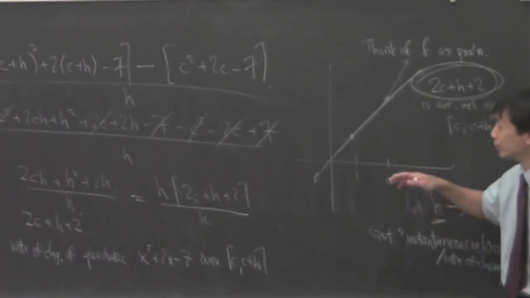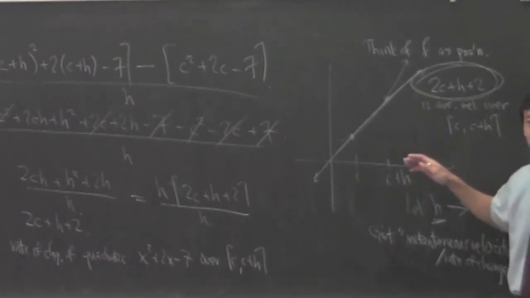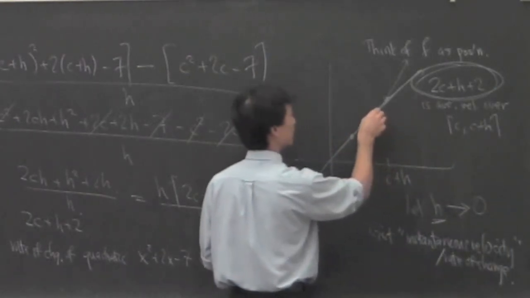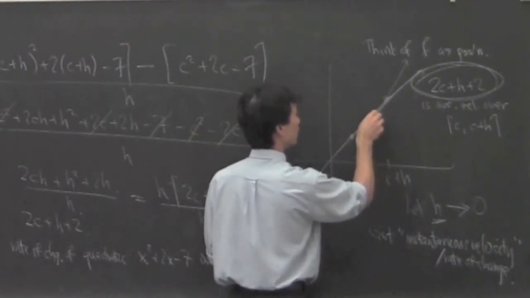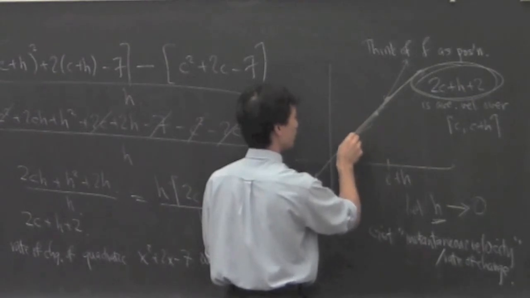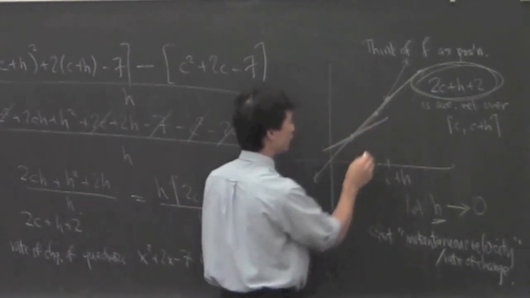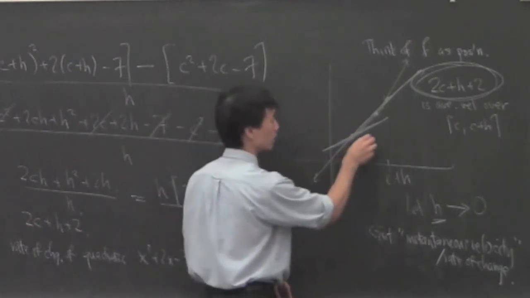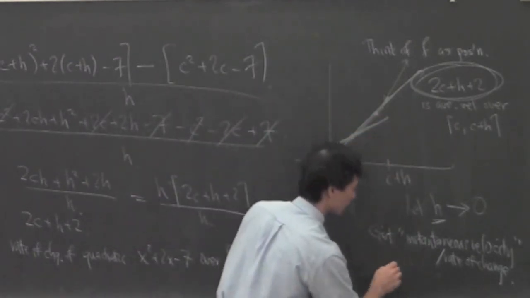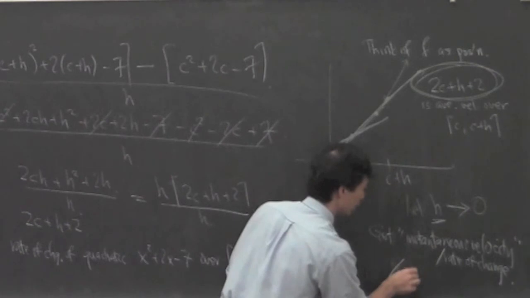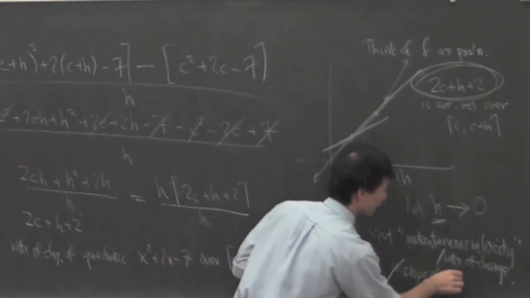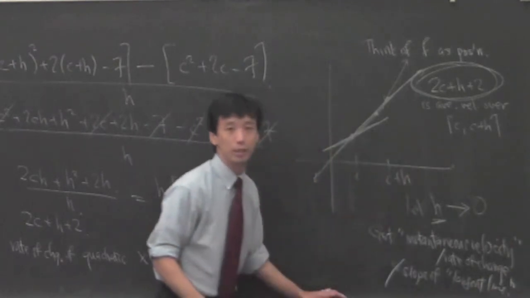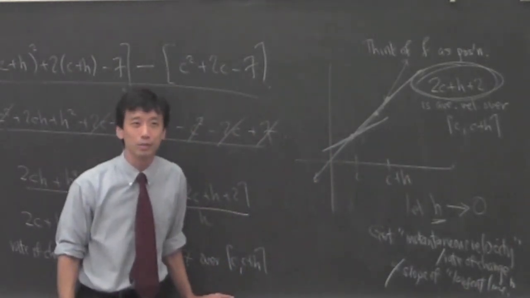And this notion of instantaneous velocity, geometrically, you see what happens. Eventually you get the slope of a line that just touches this point here. This is called the slope of the tangent.